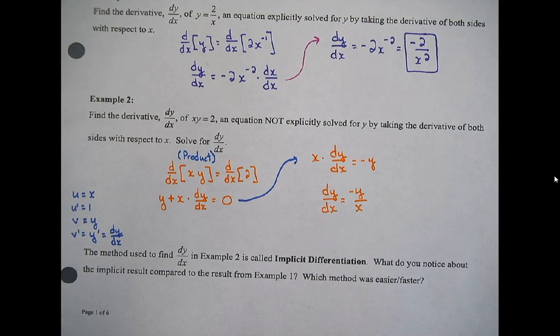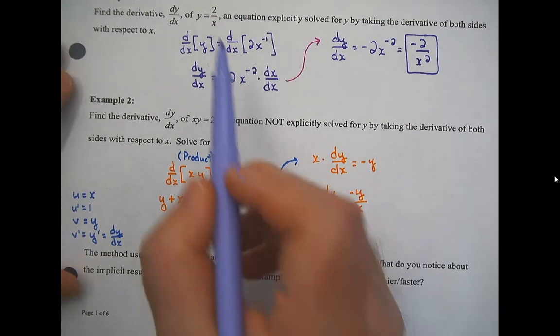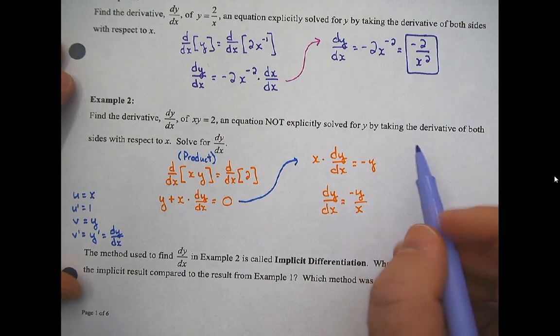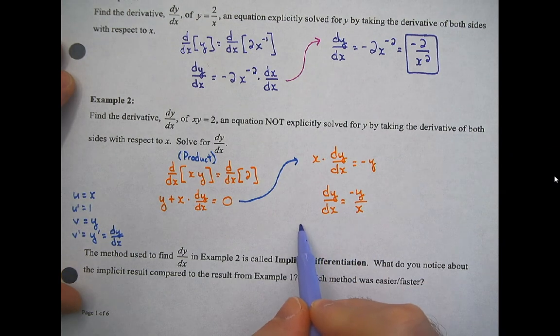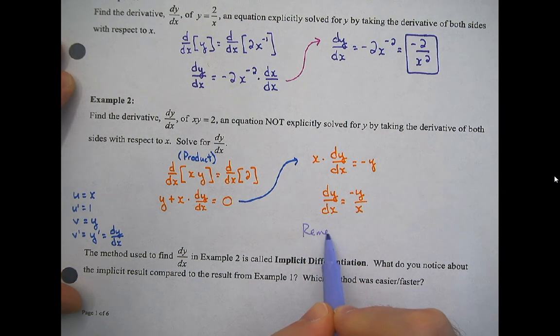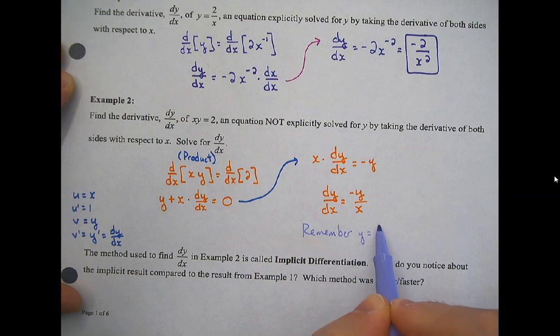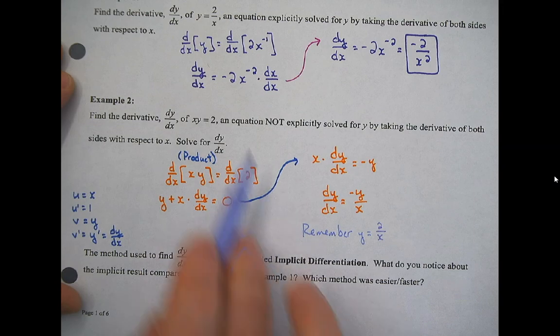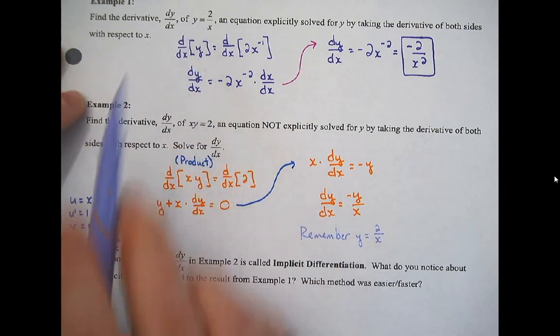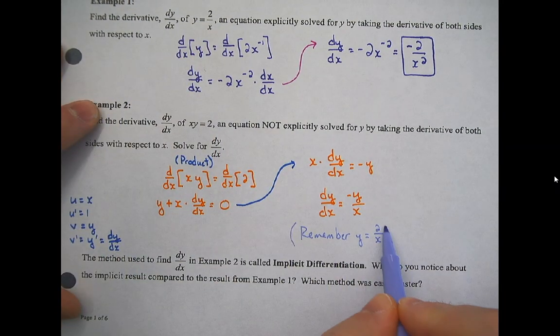So what I'm going to do here is remind you that y is equal to 2 over x. Remember that? That's what you got when you solved for y by itself.